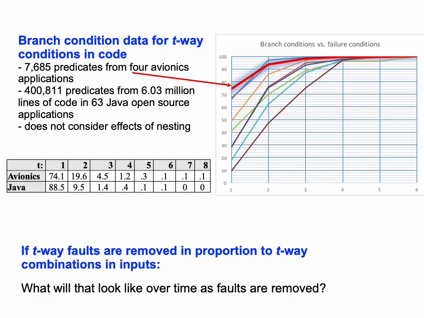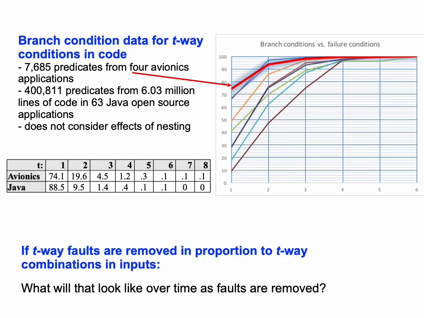So this is basically looking at the distribution of predicates in if and while statements in two different domains. One is very specific, avionics, the other are relatively general Java applications.